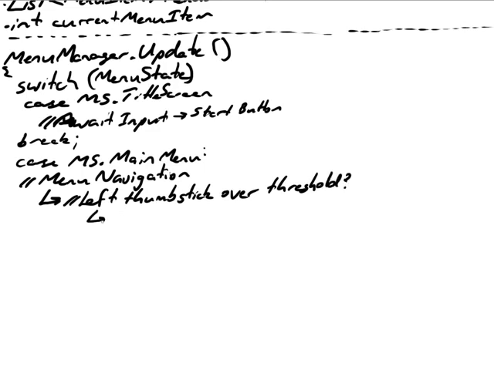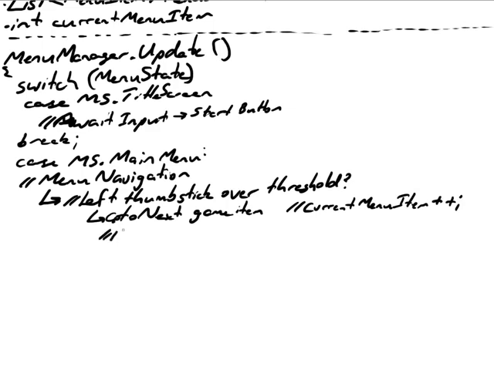Well, if it is, then go to the next game item, which would be current menu item, which is right here, plus, plus. Check, have we gone too far? Just making sure that we're actually still within limits of what we've done.